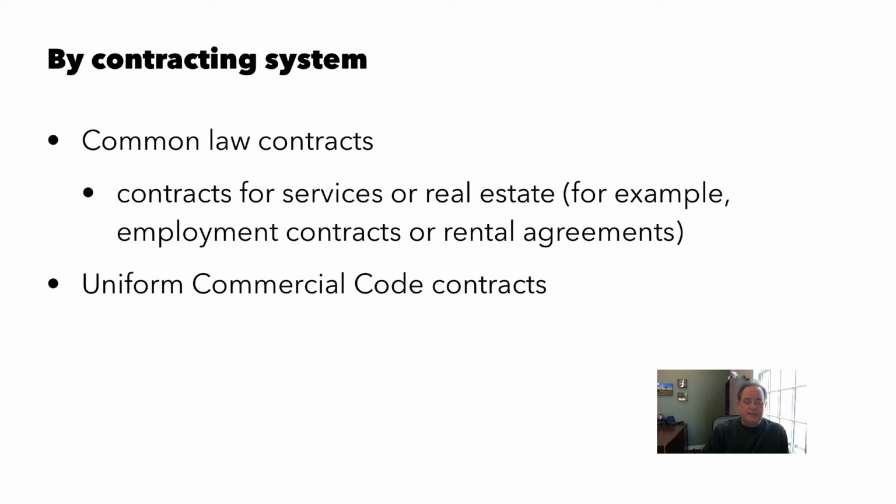Remember, the UCC governs contracts for the sale of goods, and a good is a tangible, movable item, an item that can be separated from land. Real property, real estate, is land and anything permanently attached to the land.